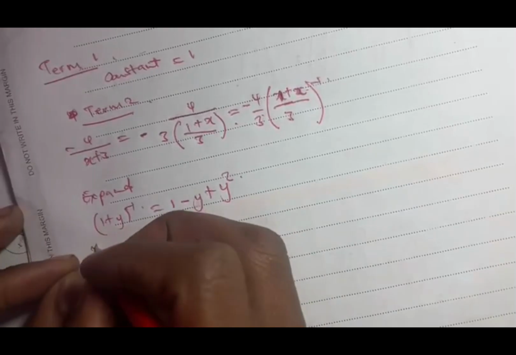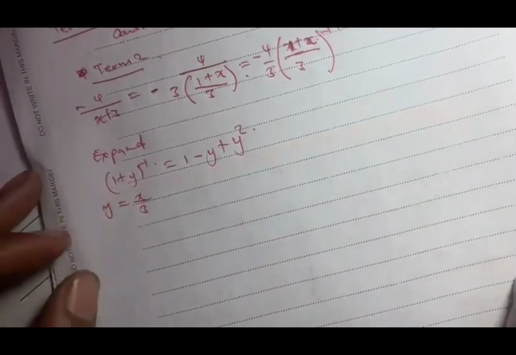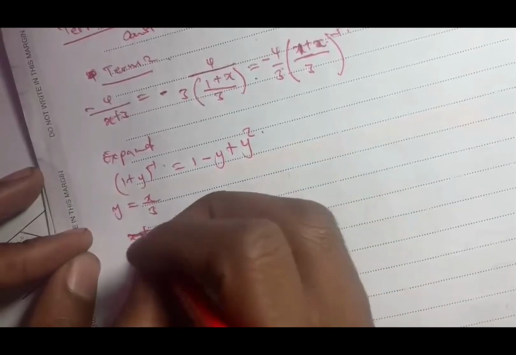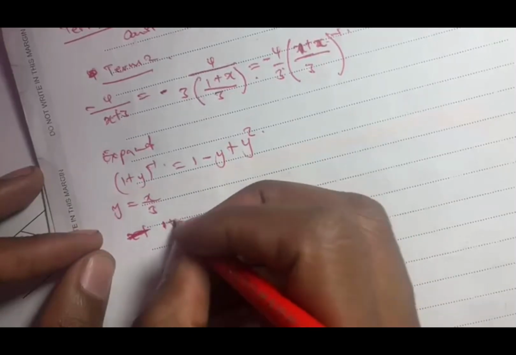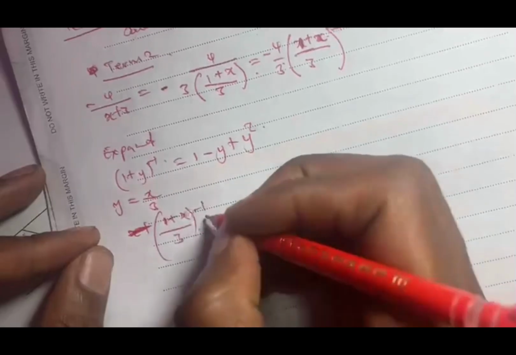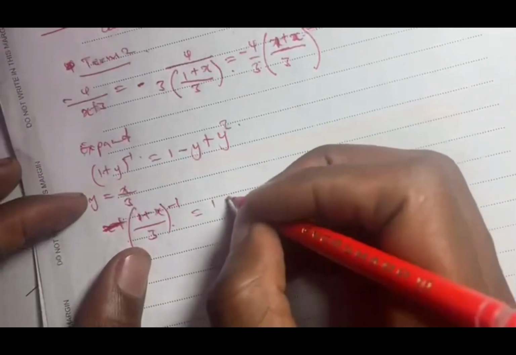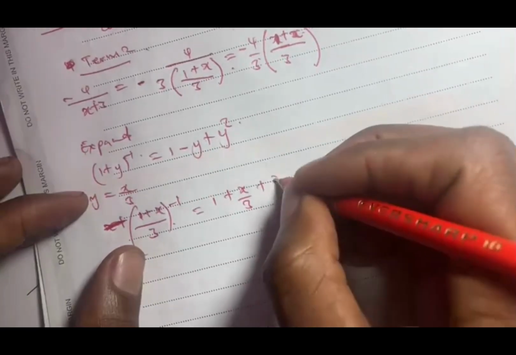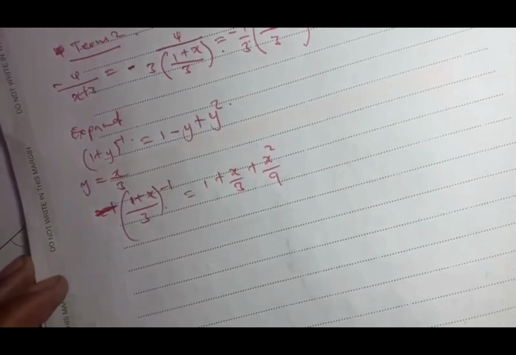If I take my y to be x over 3, then 1 plus x over 3 to the power of negative 1 is equal to 1 minus x over 3 plus x squared over 9.